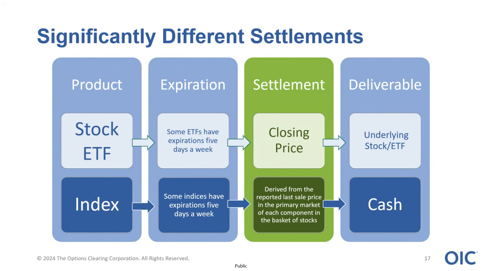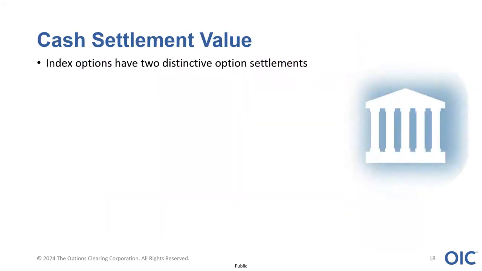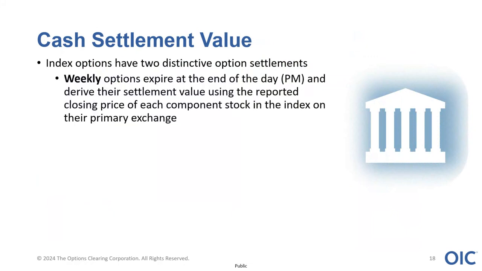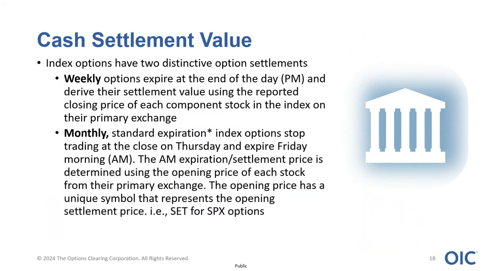All right, let's talk about cash settlement value here, because index options have two distinct option settlements. The weekly options expire generally in the PM, and they derive their settlement value using reported closing prices of each of the component stocks in the index on the primary exchange. The monthly or standard expiration index options stop trading on Thursdays and expire Friday morning in the AM.